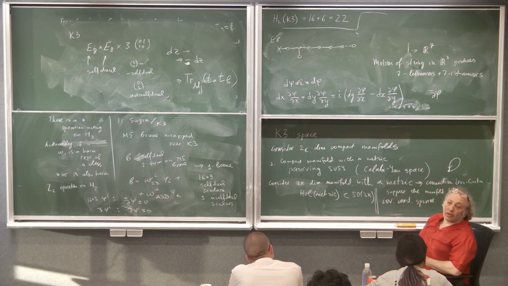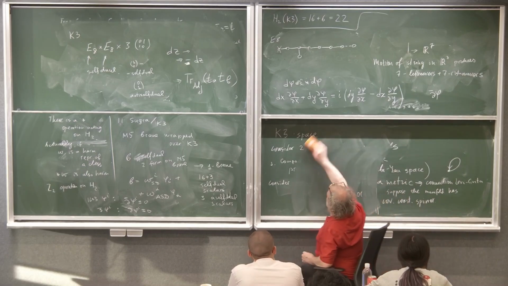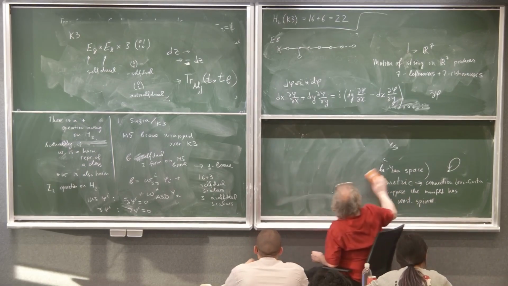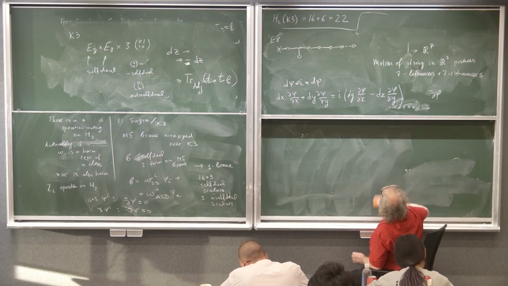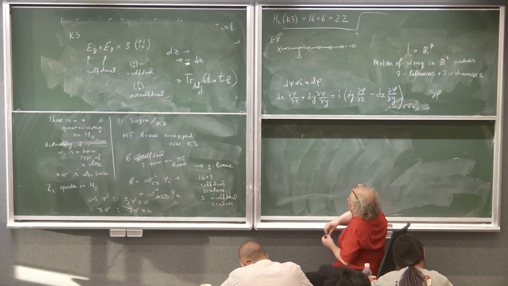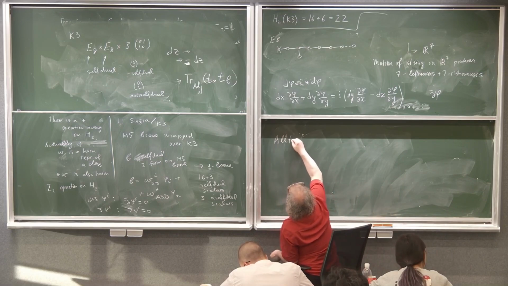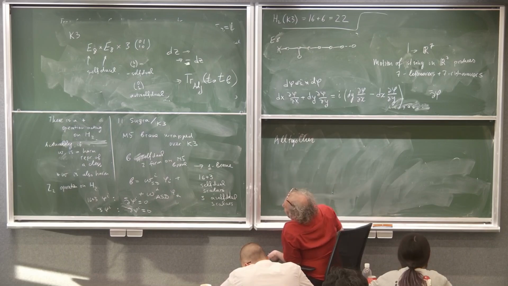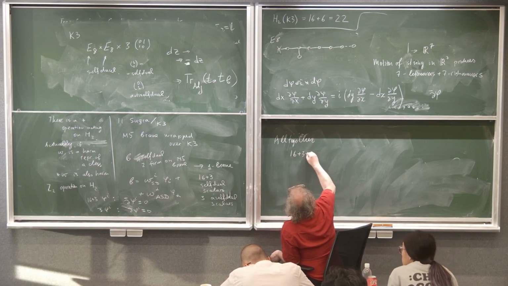So altogether, we have 16 plus 3 plus 7.